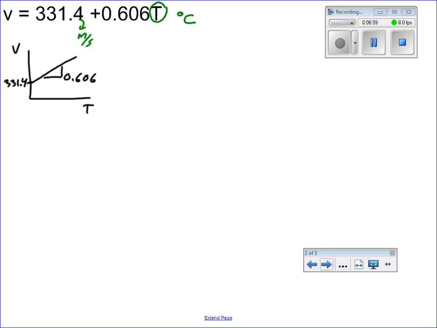So again, we can do some calculations. Let's imagine we're trying to find the speed of sound at normal room temperature, 25 degrees Celsius. V is equal to 331.4 plus 0.606 times 25.